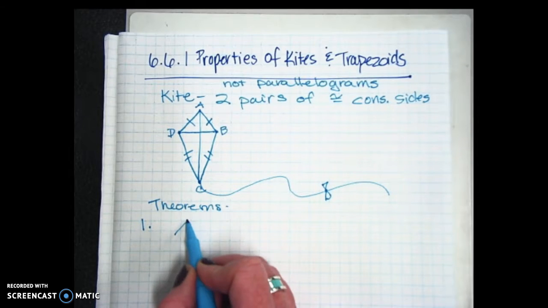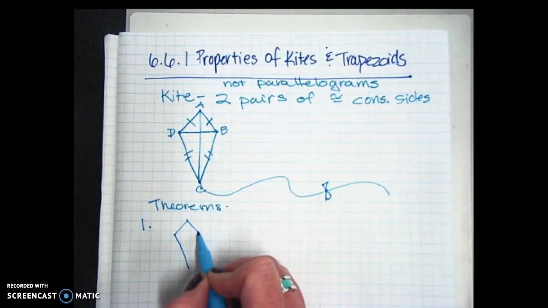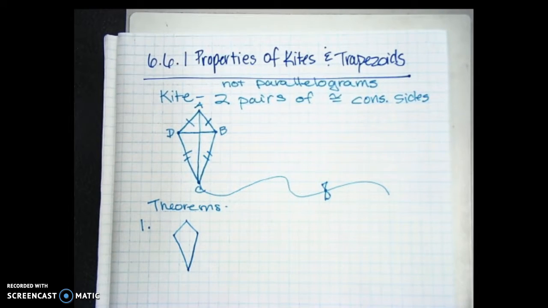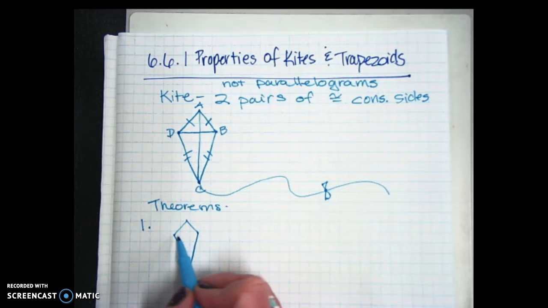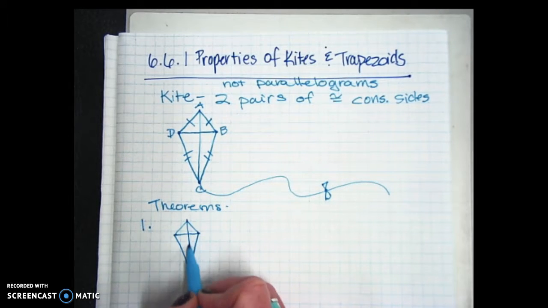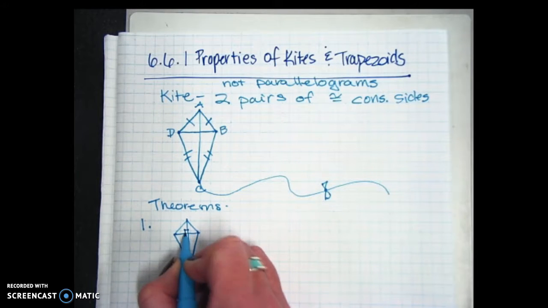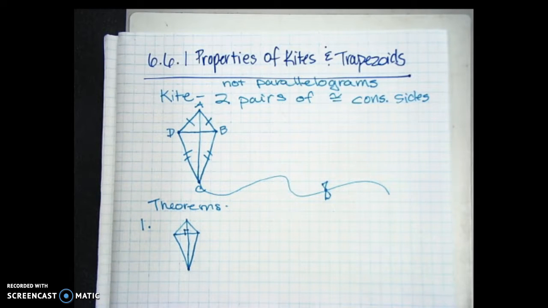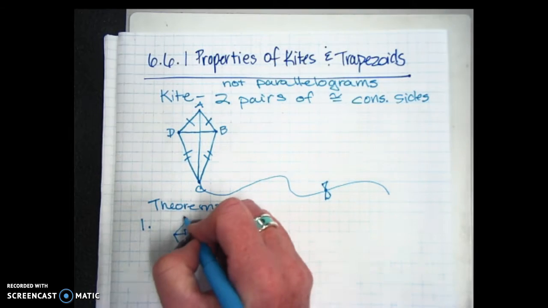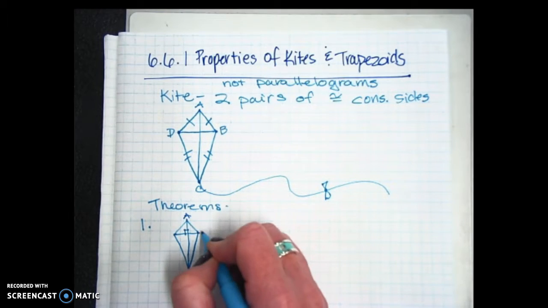If we draw a kite, a little bit smaller, and we draw in the diagonals, this theorem says that those diagonals are perpendicular. So I'm going to put a little box at one of those four angles that it creates. It doesn't matter which one of the four.